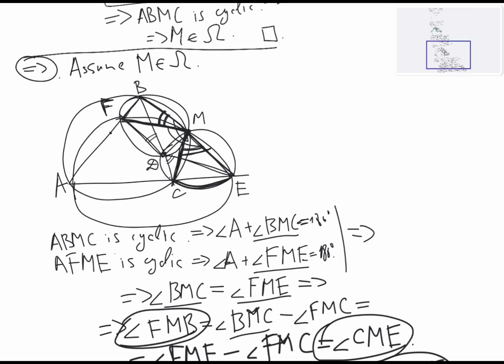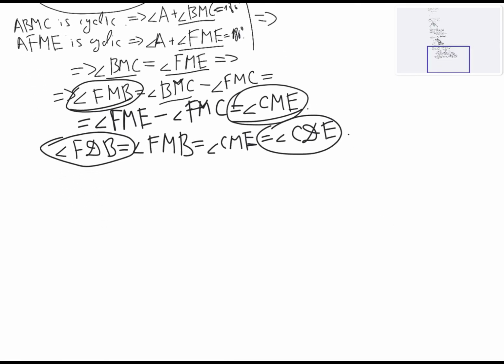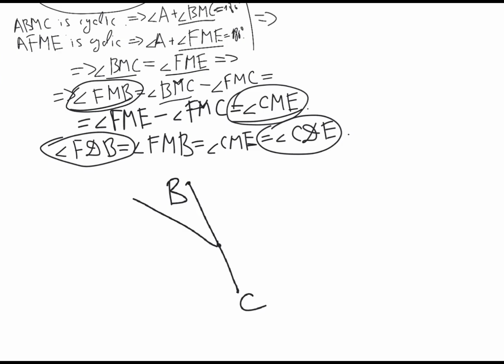So FDB is equal to CDE, right? If I draw it on a separate picture, we have this side BC of the triangle, we have these points, here somewhere E, D, F, and we just proved that FDB is equal to CDE.